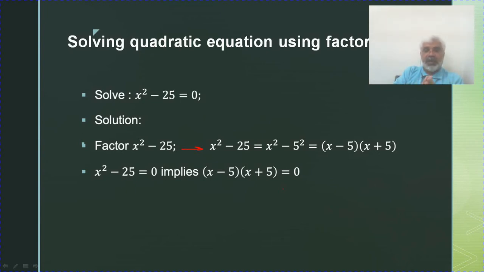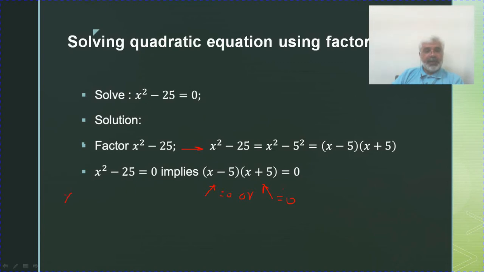So when we have a product of two brackets, a product of two numbers, and the result equals 0, certainly either the first one equals 0 or the second one equals 0.